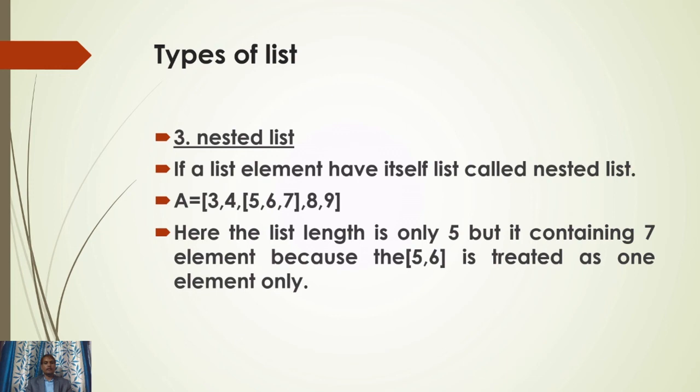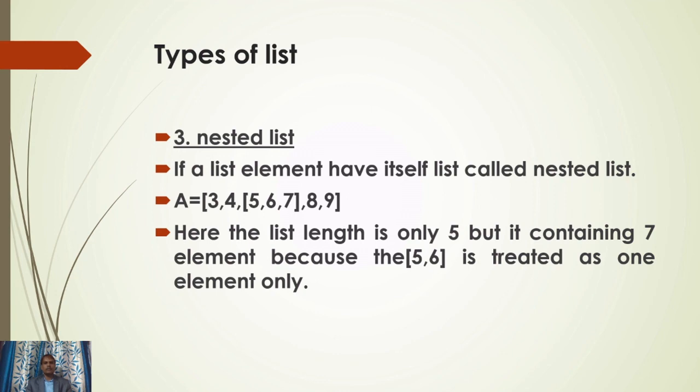See the example: 3, 4, then one more list with 5, 6, 7 and square bracket close. This type of list is known as a nested list. To deal with such lists, we have to be very careful while counting the number of elements.